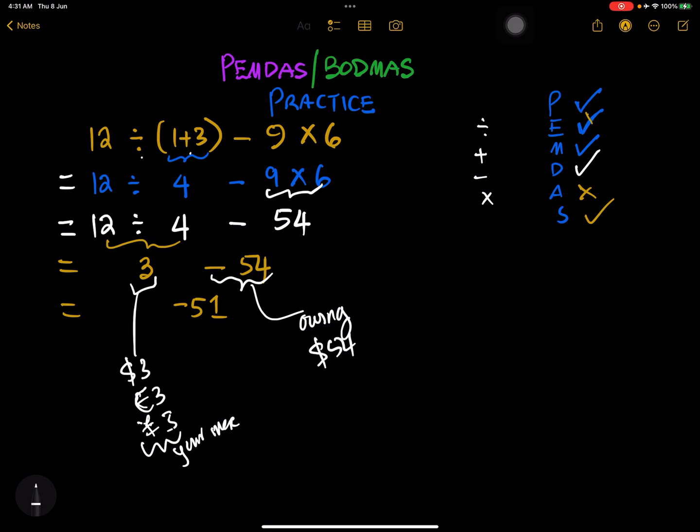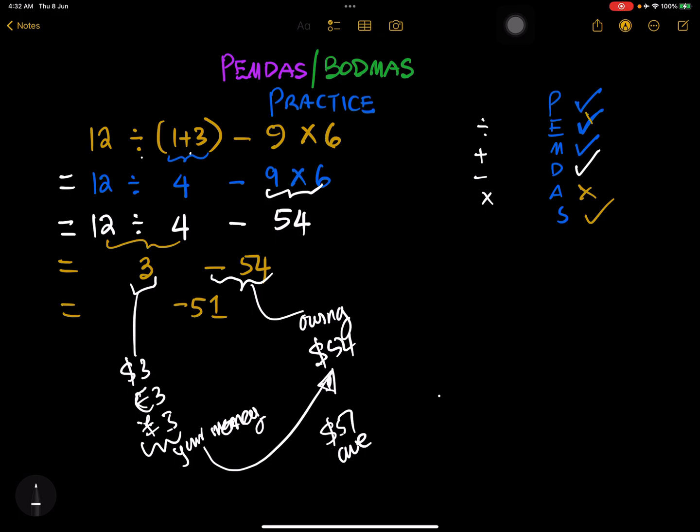If you use your $3 in your wallet to pay off this 54, you still haven't finished paying. You're still going to have to pay 51, which you owe. So that's why it's negative 51. I hope this one is very clear.